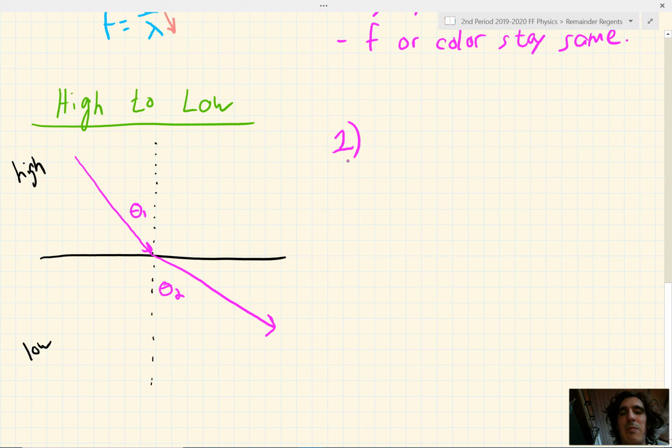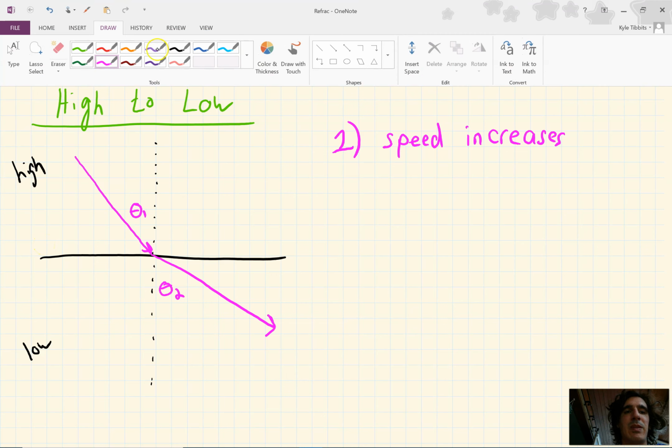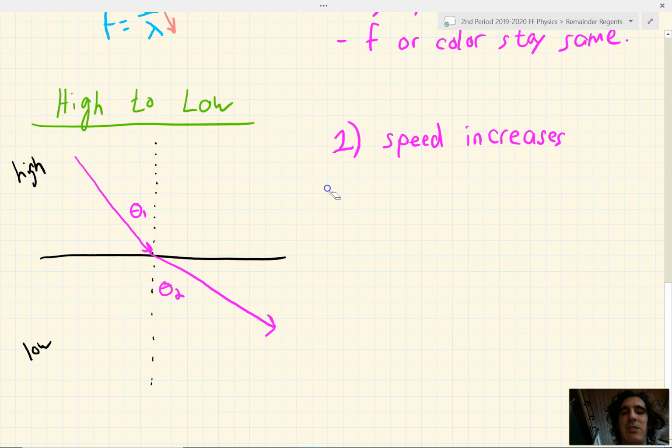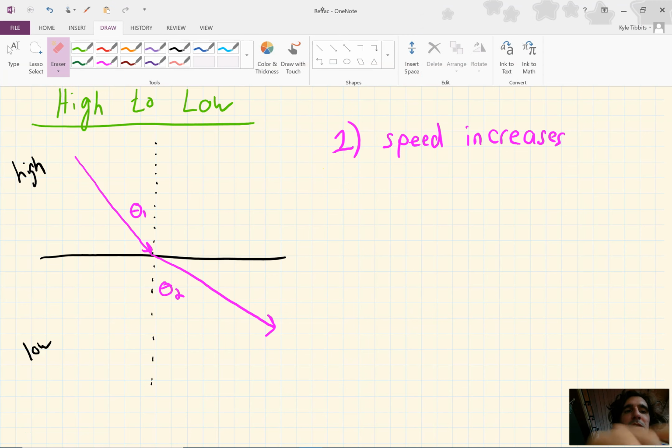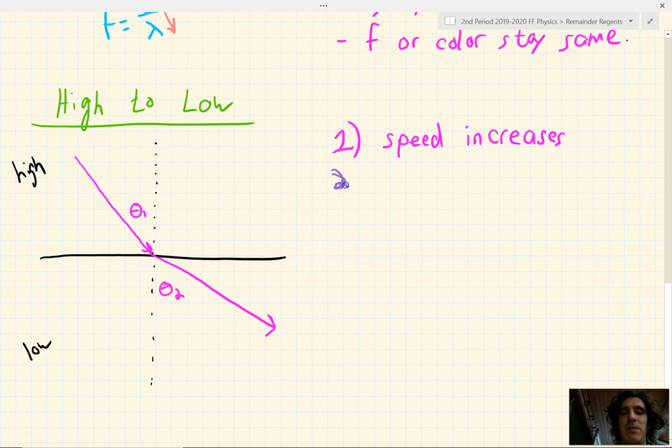And we're going to say the same thing, but now just the opposite. So when it goes from a high to a low, the speed increases. Think of it going from mud to pavement: it's going to go faster on pavement. We can also say that it bends away from the normal, which means the angle increases.